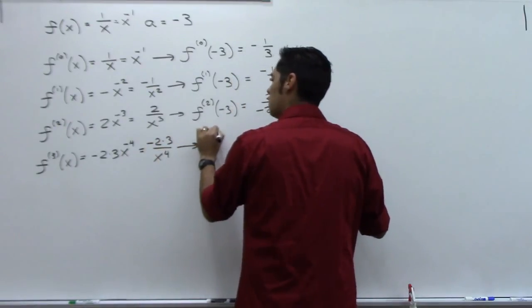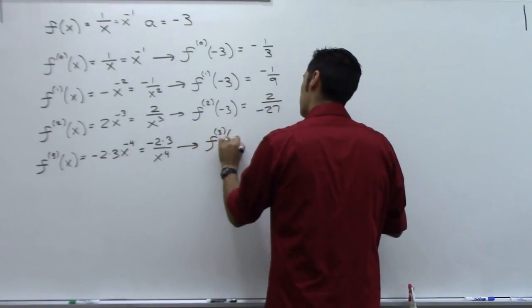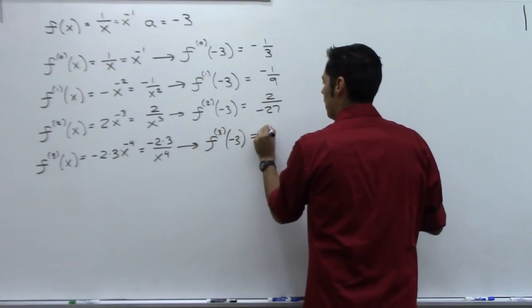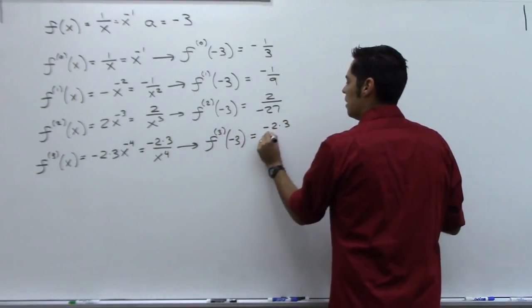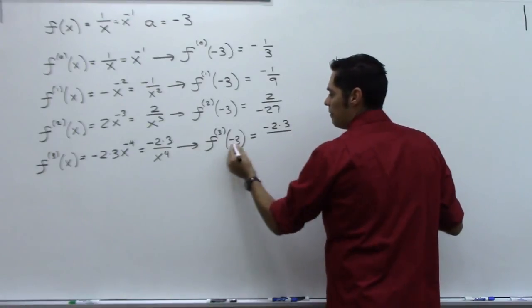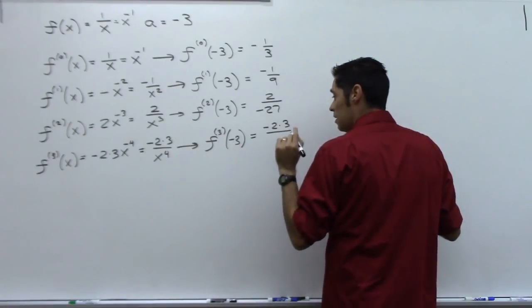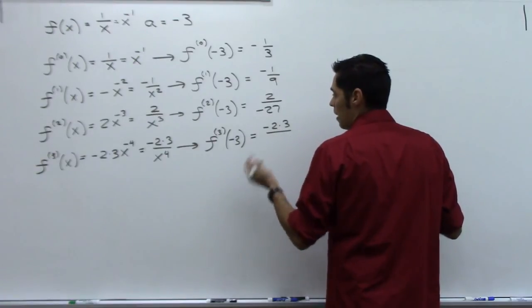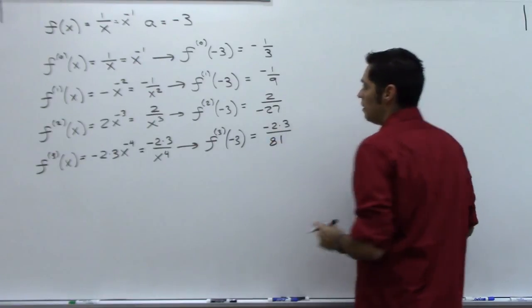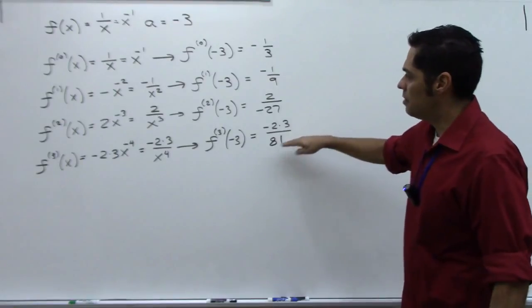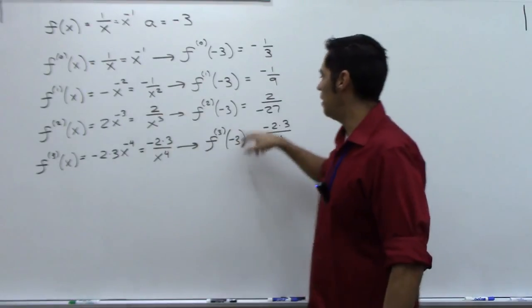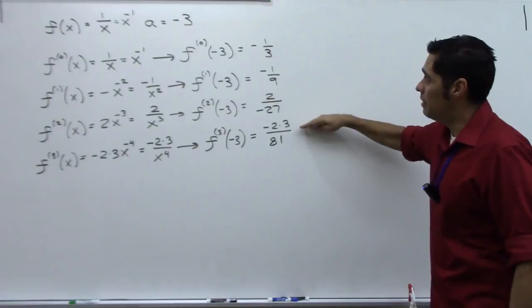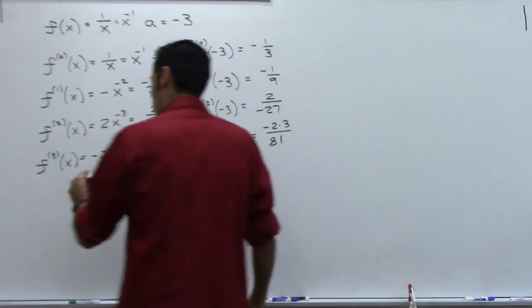When I plug -3 in there, on the top I have -2 times 3. On the bottom I have -3 to the 4th power. So that's -3 times -3 times, it's going to be positive, and it's going to be 81. But we're already noticing that all the denominators are always just powers of -3. So again, I have a negative number. Let's do one more.